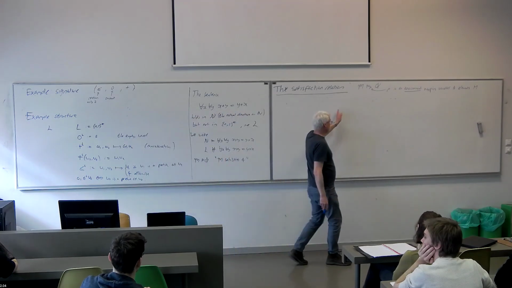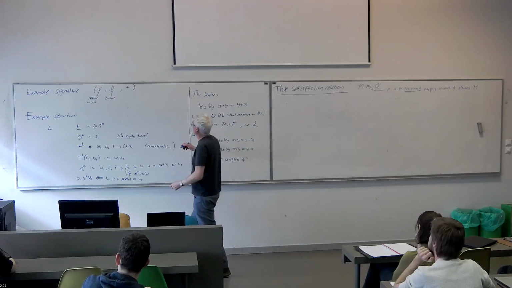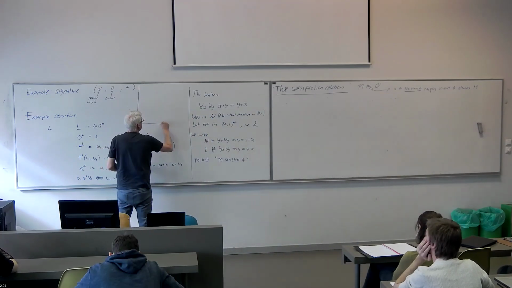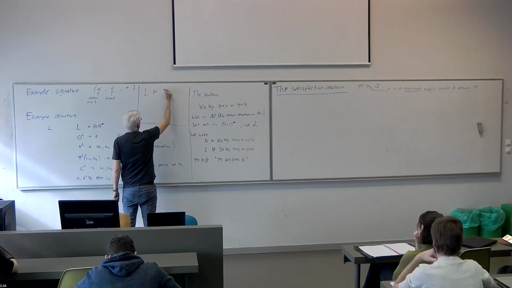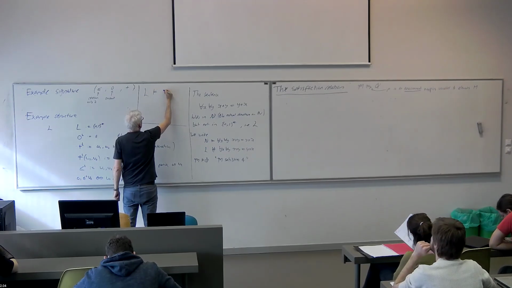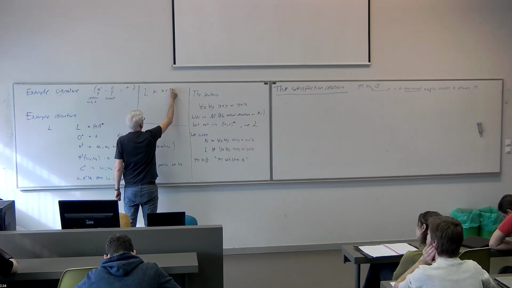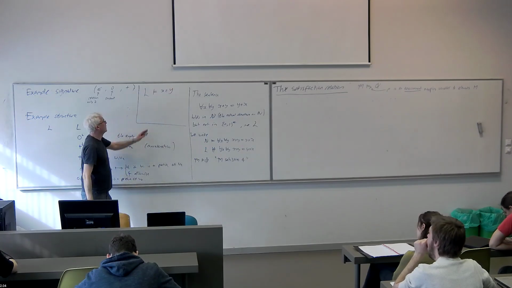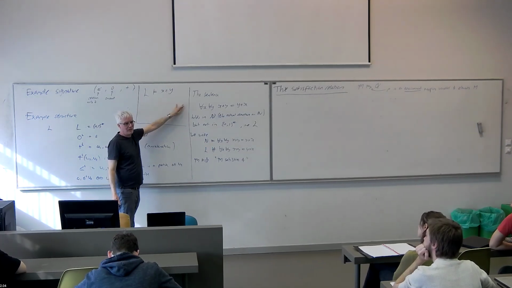So the reason for needing an interpretation of variables is because, for example, in this structure L, you could ask, does x less than or equal to y hold in L? And of course, that doesn't really make sense because we don't know what x and what y mean.